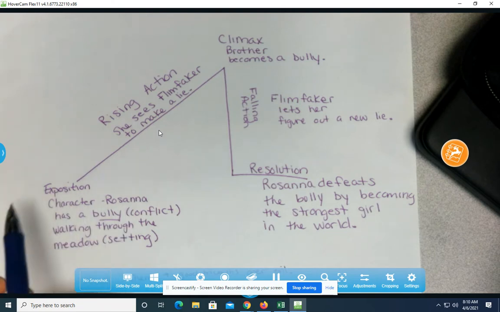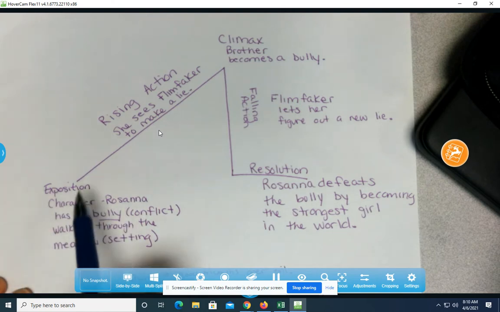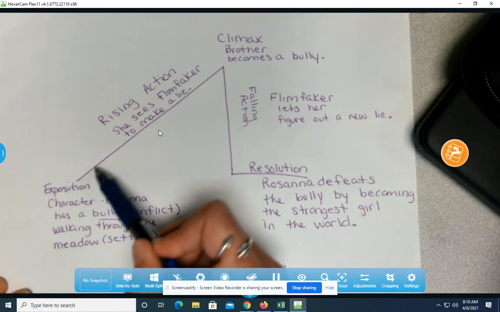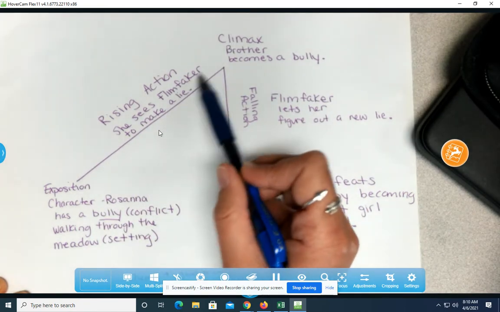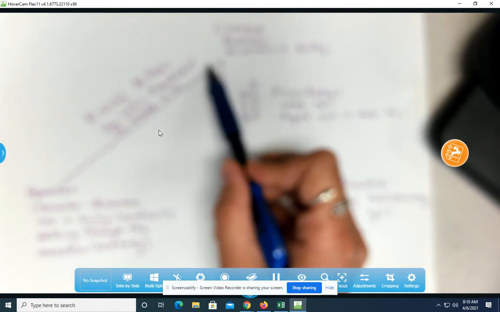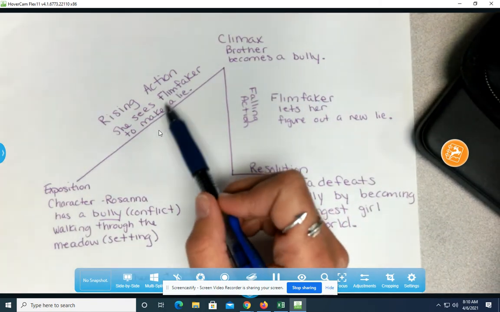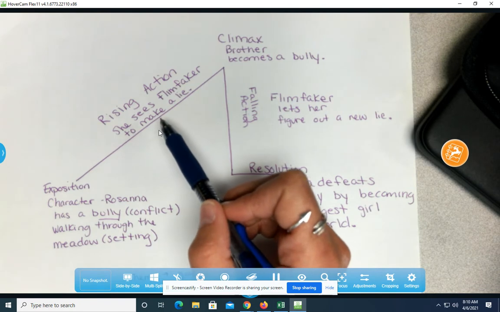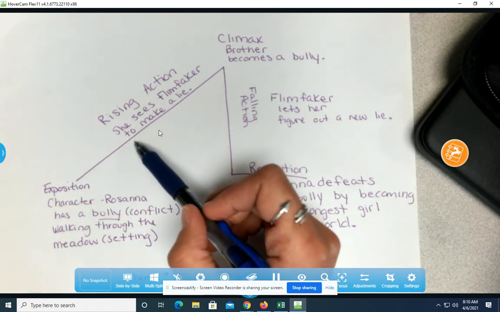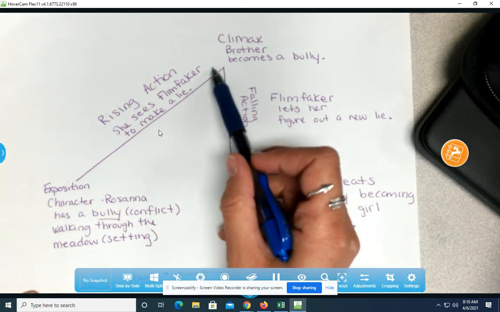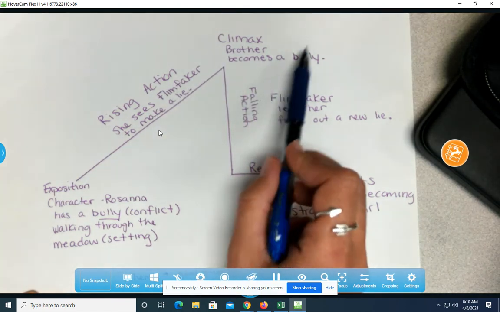And as she gets in this confrontation, it freaks her out a bit. And then she heads to this gentleman who says that he can make lies become true. And so she wants to make a lie that the bully should stay away from her because her brother's really tough and he's going to beat her up. But unfortunately, that isn't true. So she sees this gentleman who can potentially make her lie become true.